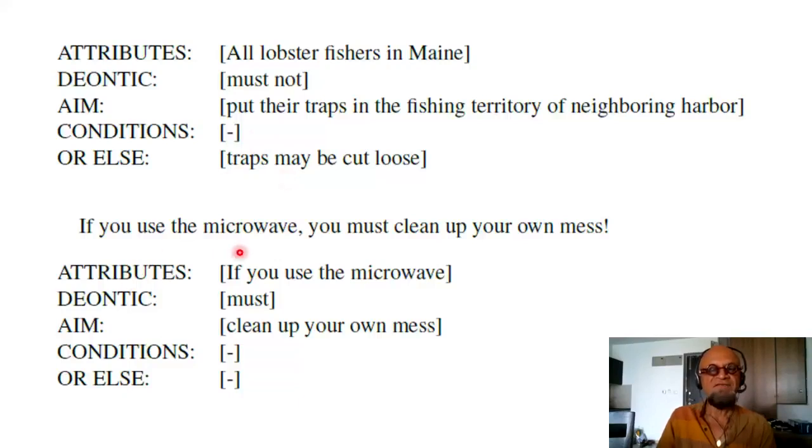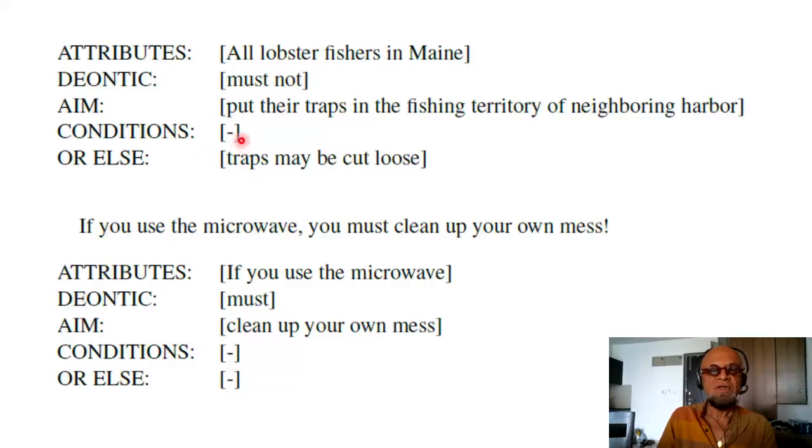And finally, if you use the microwave, you must clean up your own mess. Here attributes, if you use the microwave. Deontic, you must clean up. Aim, clean up your own mess. Conditions, negative, so you must clean up your mess. You cannot leave behind a mess. Or else is negative in the sense we don't know what will happen if you don't do this.